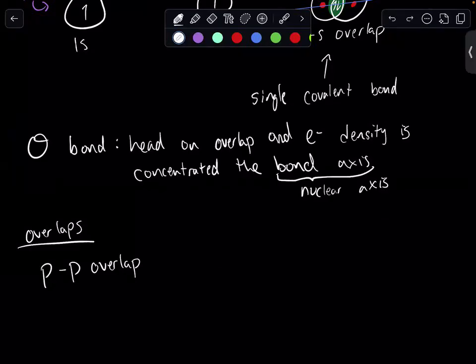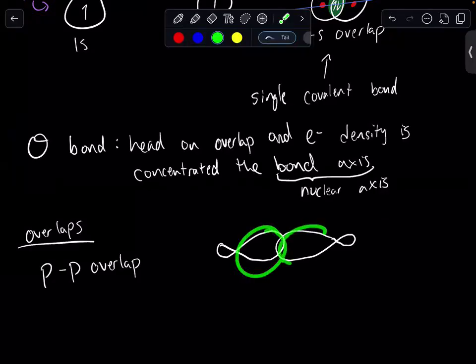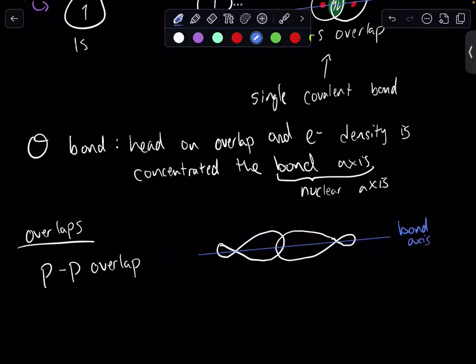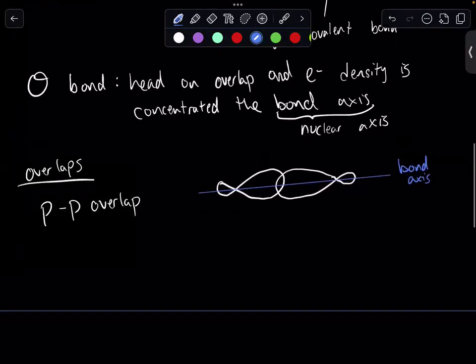Oh, gosh, I have to do a lot of drawing today and you'll really notice my artistic skills starting to struggle. So the p orbitals have kind of moved out to concentrate their electron density closer to the overlap. And once again, our bond axis would be right down the middle. So I'll use that blue to represent the bond axis. So this is our p-p overlap.